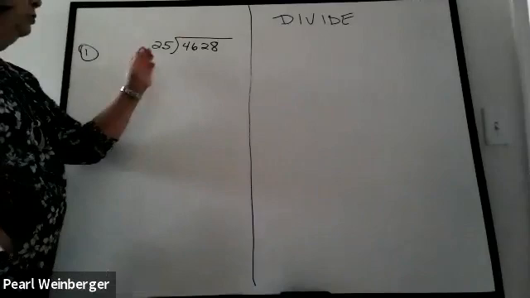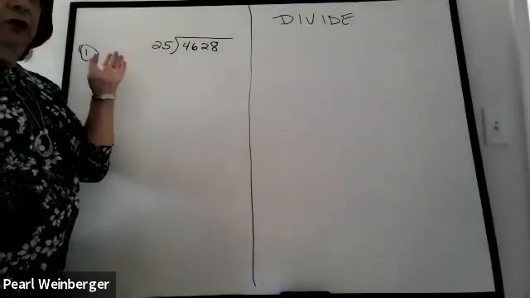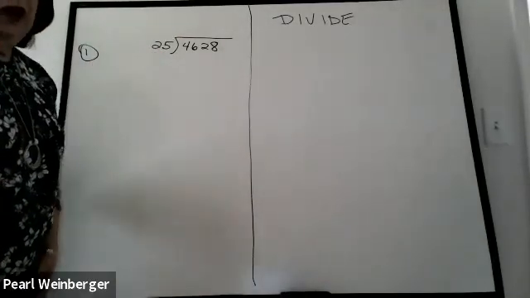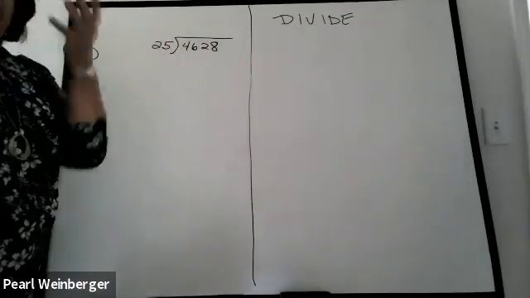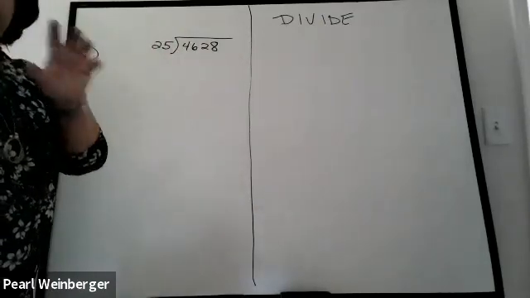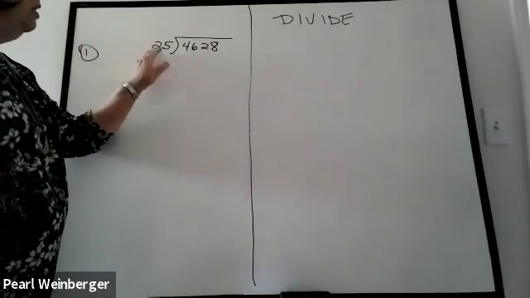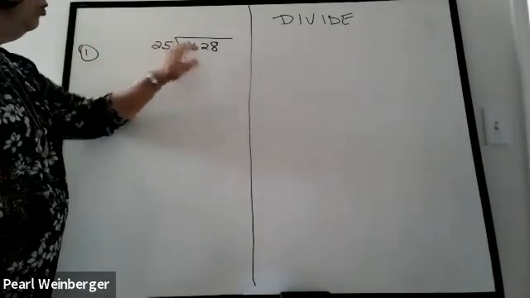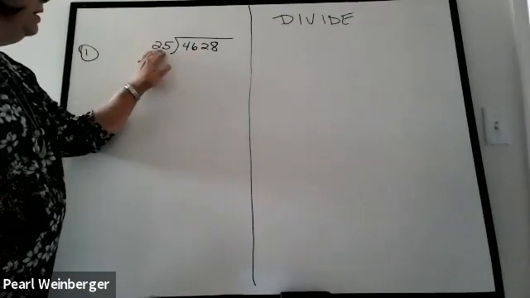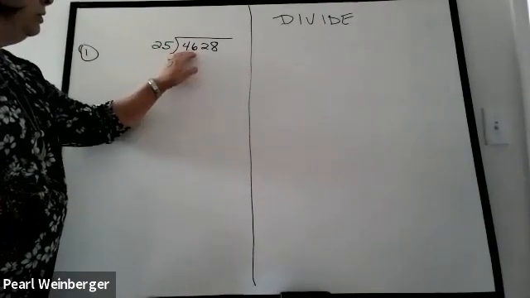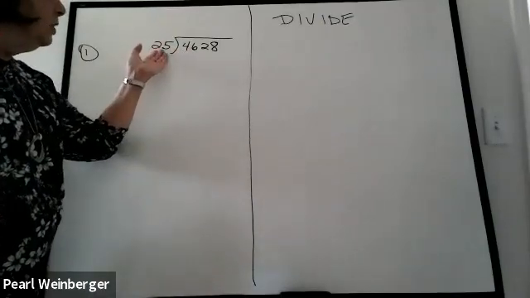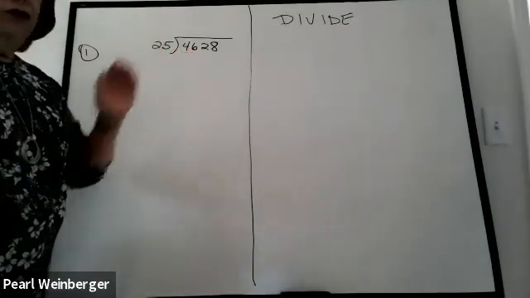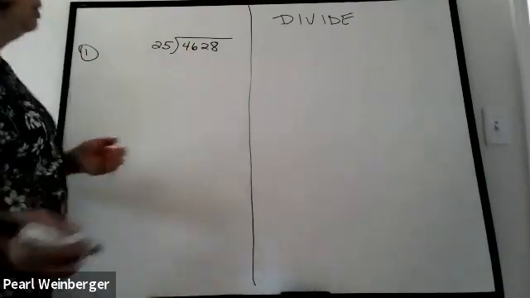So I want to divide by 25. But to divide by 25 on this whole long number, it's not something I can do. So I want to do it in stages. So instead of dividing the 25 into the whole thing, I start by dividing the 25 into the 46. And I estimate how many times do I think 25 will go into 46? And I'm going to try 1.